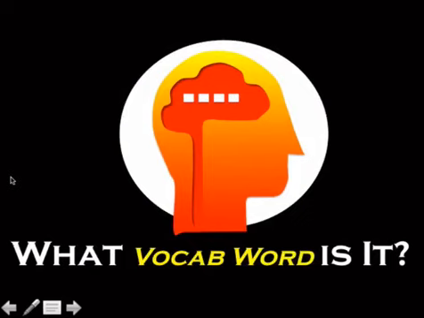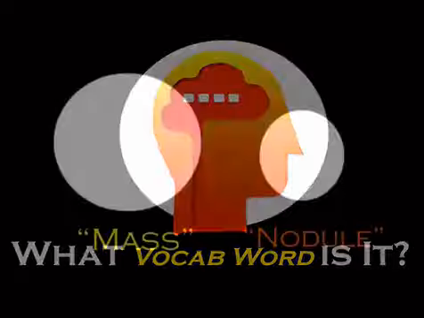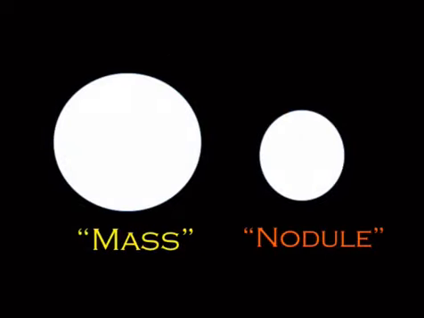Okay, so let's do some vocabulary. Chest has got a few vocabulary words, and because of that, they lend themselves very easily to multiple choice. Even though it might seem basic, this is the kind of stuff that you forget or overlook as you're studying. So what's the difference between a mass and a nodule? You probably remember that there is a size difference.